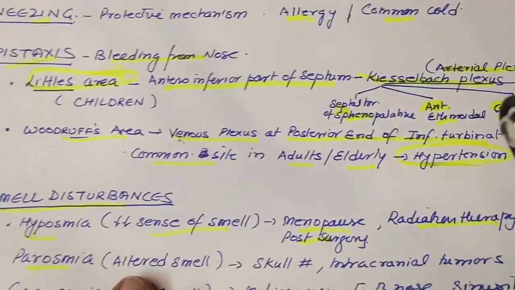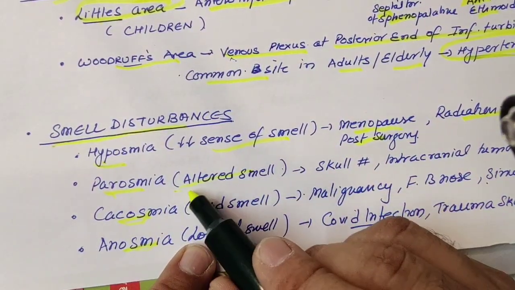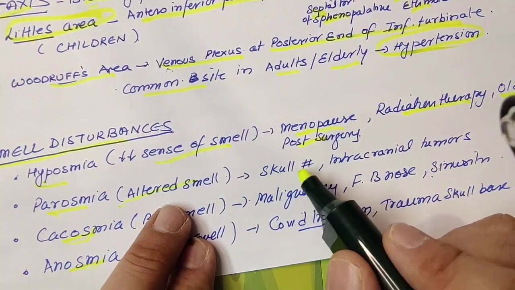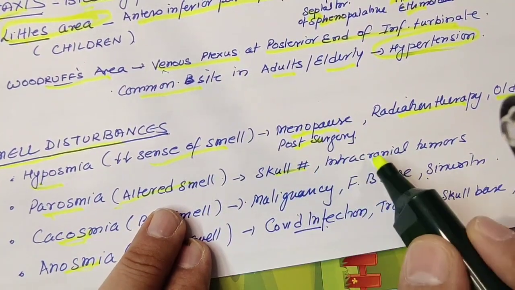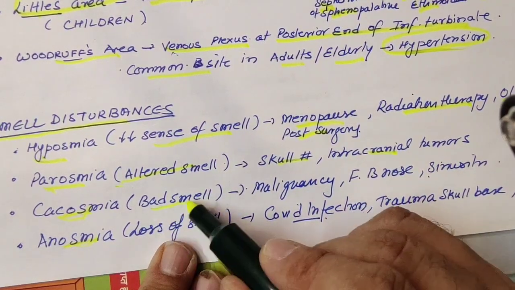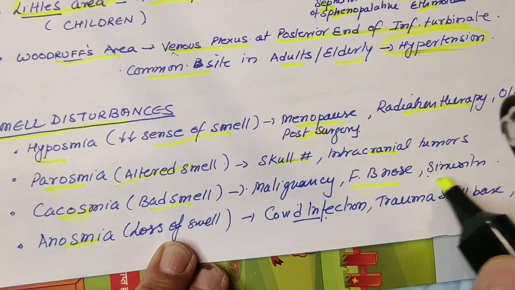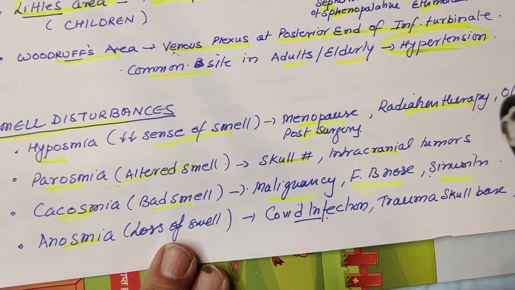Okay, and then we have altered sense of smell that is called parosmia, which is common in fractures or intracranial tumors. Okay, cacosmia is what is called bad smell, and it can be present in foreign body nose, sinusitis, or in malignancy.